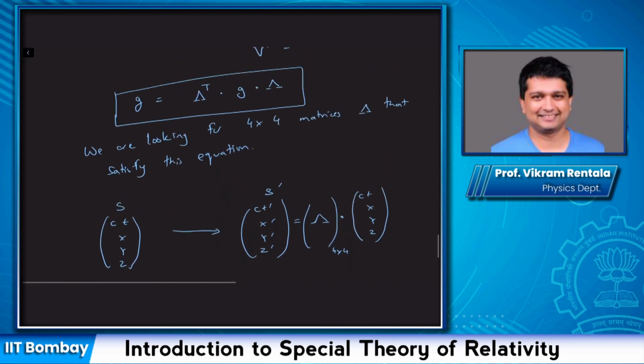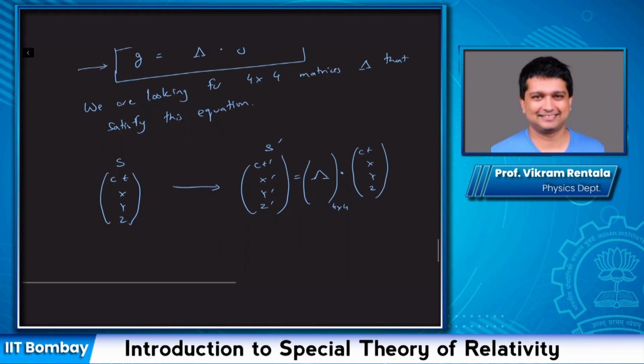And the matrices lambda satisfy the equation that we've written over here, where G is the space-time metric, that is, it's this quantity. This particular 4x4 matrix.